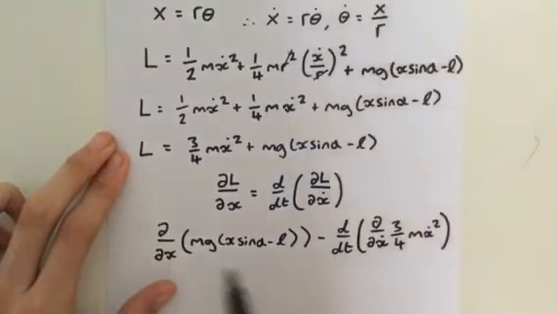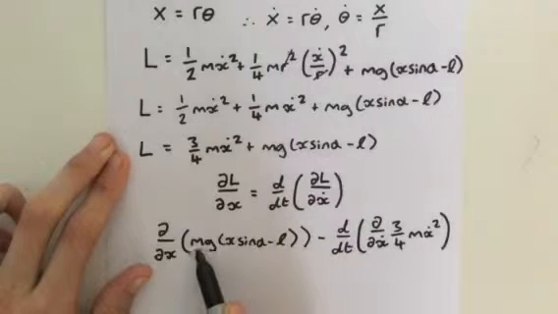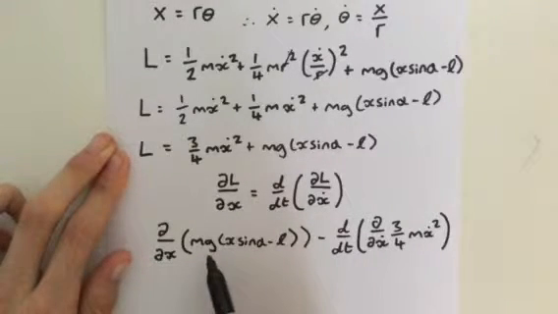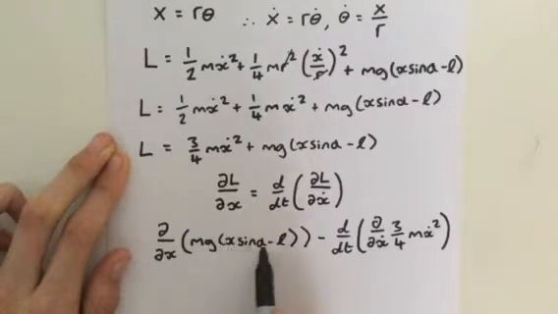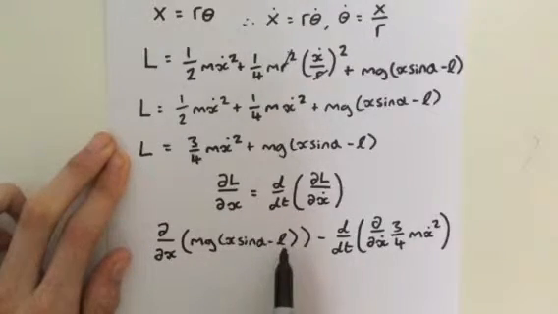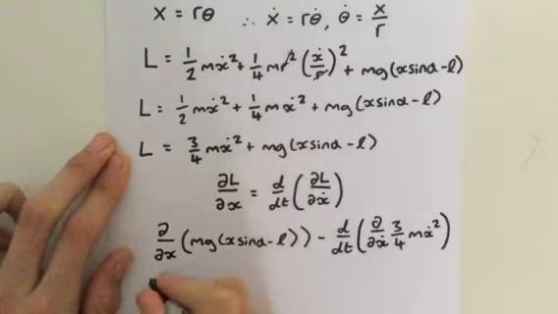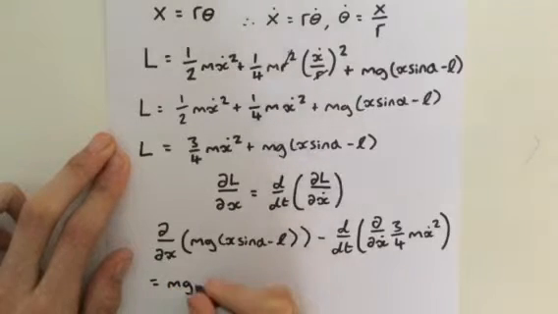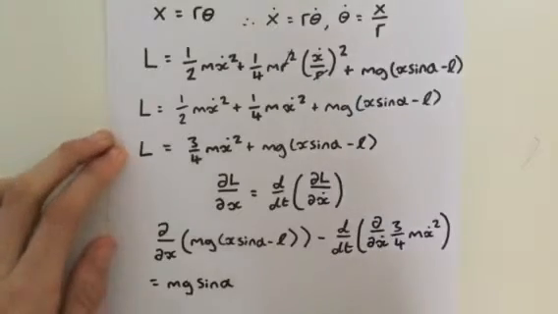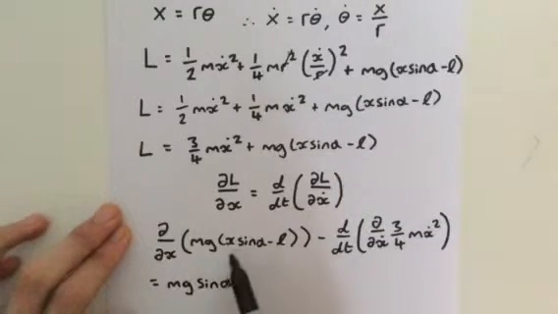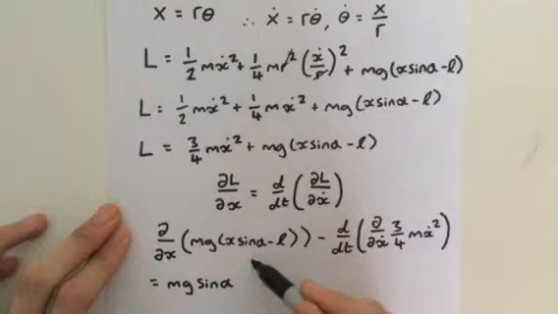So, if we differentiate this with respect to x, what are we going to get? We're going to get mg x sine alpha minus mg times L. Just to make things more explicit, I'll quickly expand this.